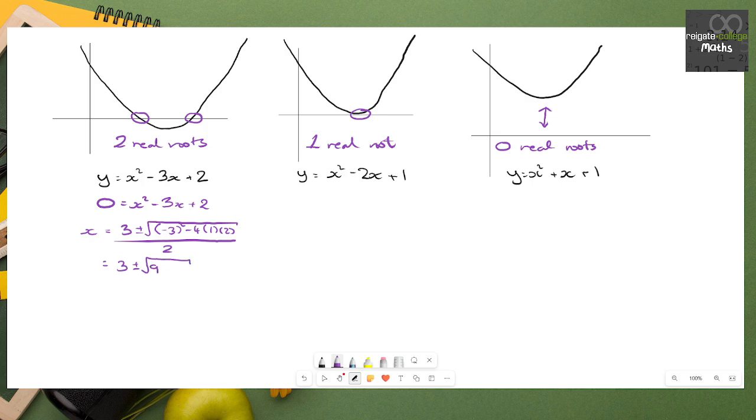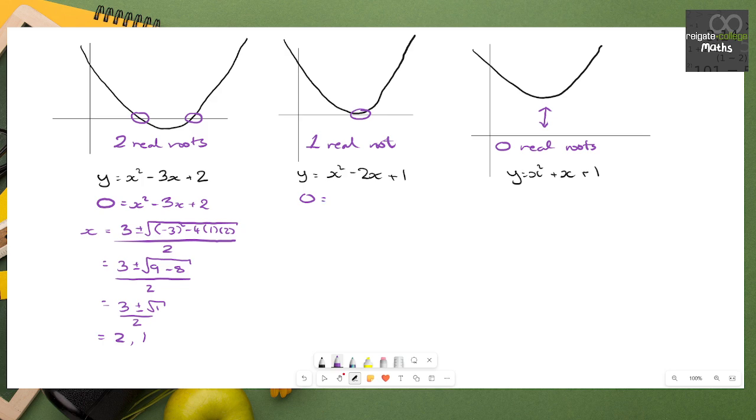So we get 9 minus 8 all over 2. So 3 plus or minus root 1 over 2, which in this case is 3 plus or minus 1 all over 2. So we get that the roots are either 4 over 2 or 2 over 2.